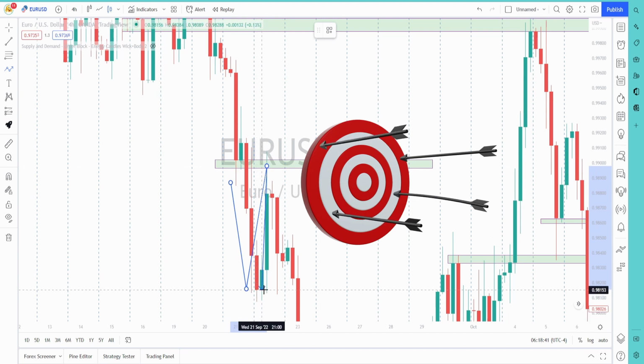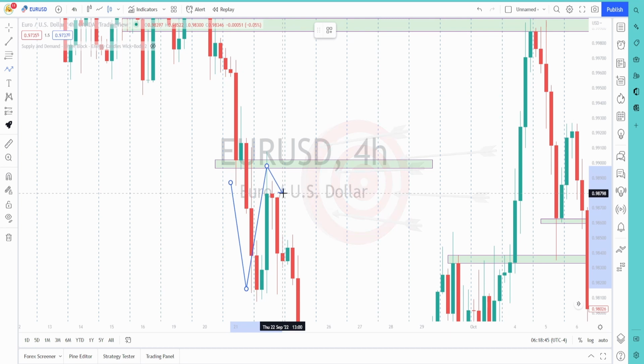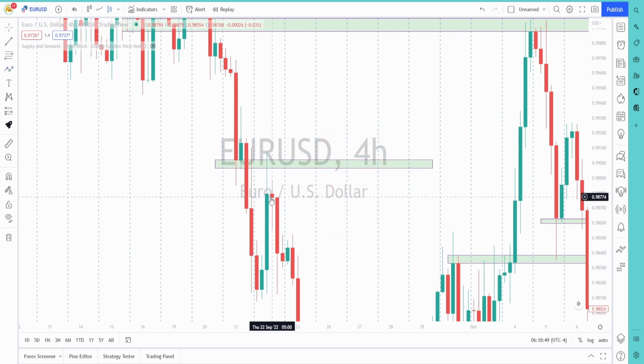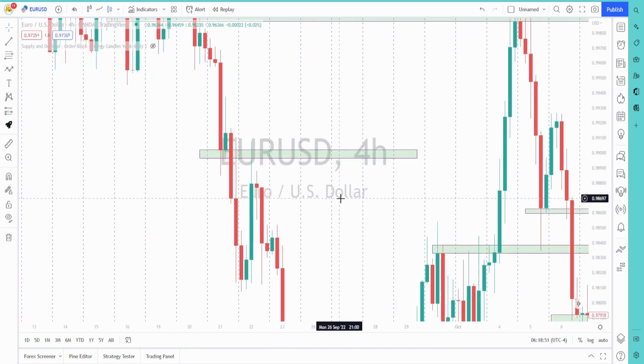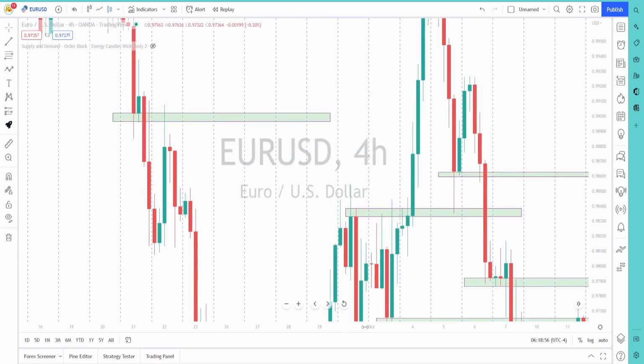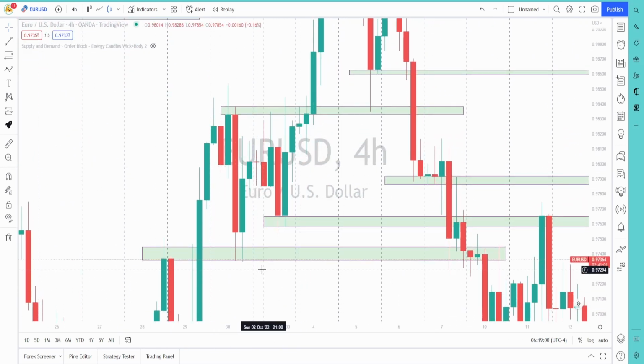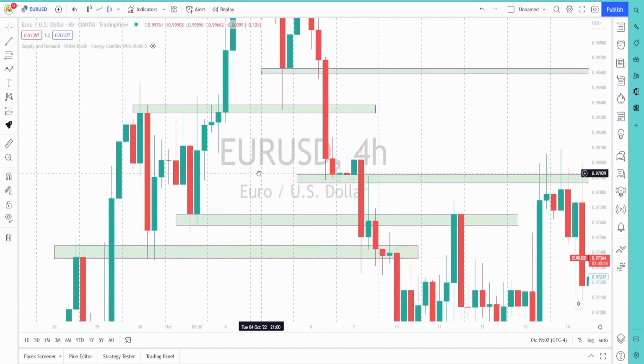You'd be targeting the low here, or you could do a more aggressive approach. There's so many different ways that you can do this, but you need to practice this. You can see we've got several areas marked off here for you.